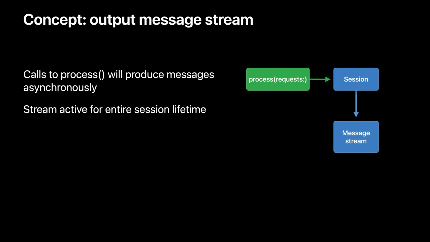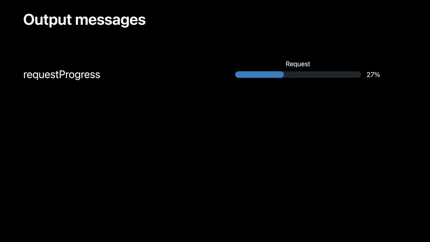Now, let's take a closer look at the types of messages we will receive. After a request is made, we expect to receive periodic request progress messages with the fraction completed estimate for each request. If you're building an app that calls the Object Capture API, you can use these to drive a progress bar for each request to indicate status.